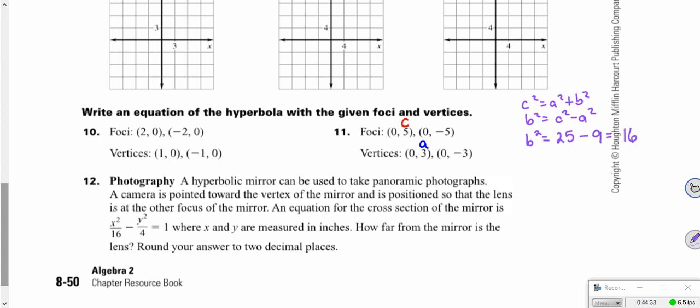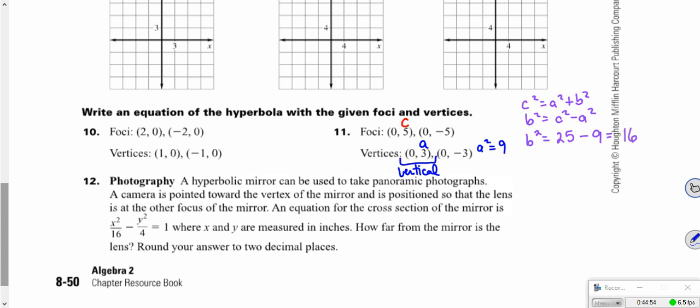Now, we've got b squared is 16, we've got a squared is 9. Because the vertices are at 0, 3 and 0, -3 on the y-axis, this is going to have a vertical transverse axis.